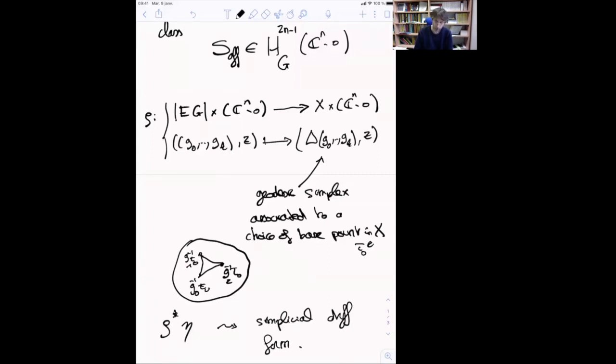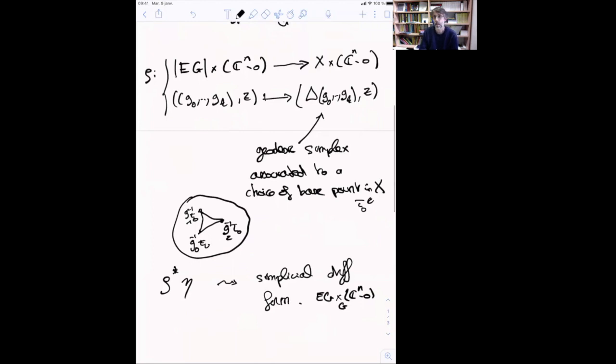Because it's important here that eta is G equivariant. That's why it defined really a simplicial form on the quotient. So on EG cross C^n minus 0, quotiented by G, because the form eta was G equivariant.